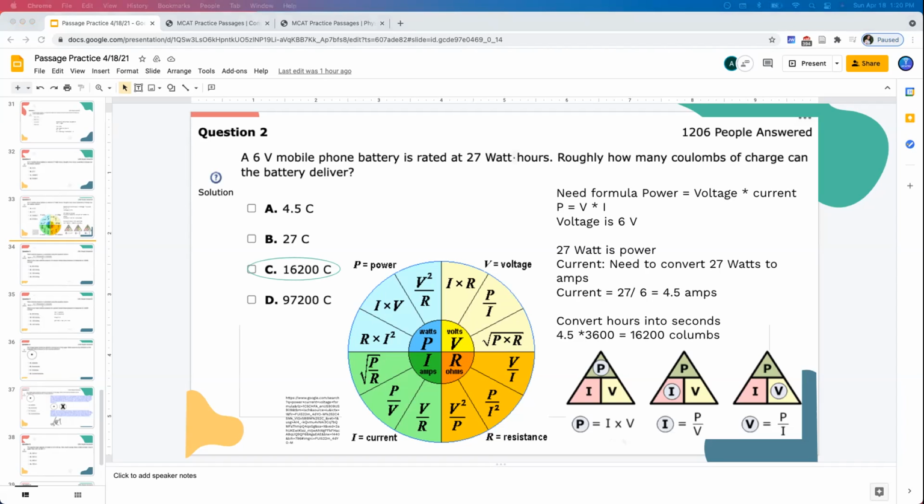Does that make sense? Are you trying to use power equals work over time? I don't think that would equate to this equation over here, and that's why you're getting a different answer.